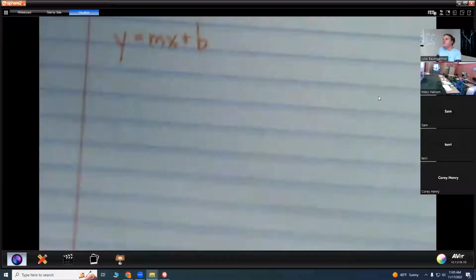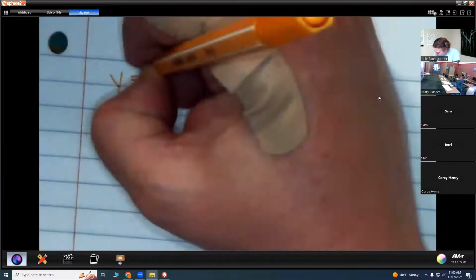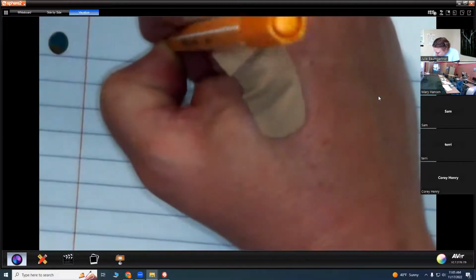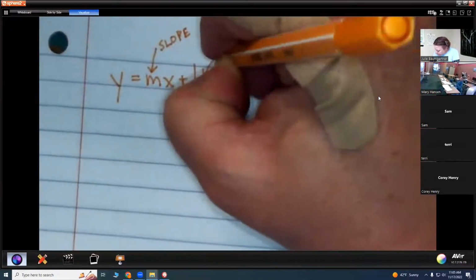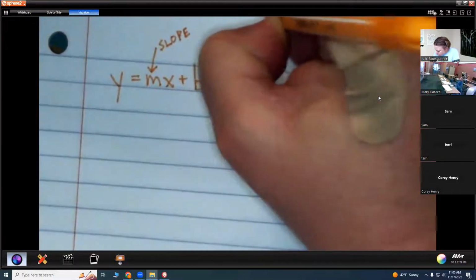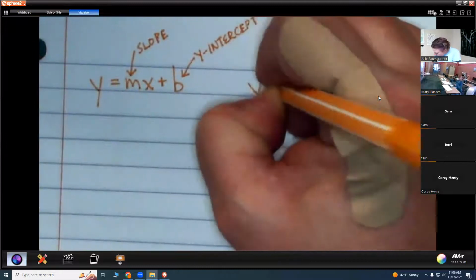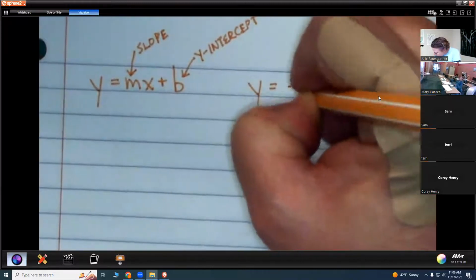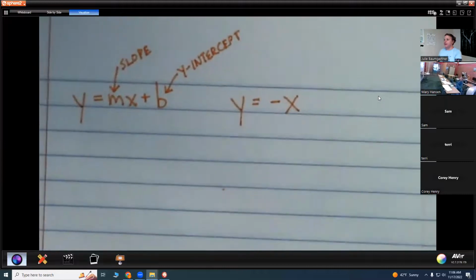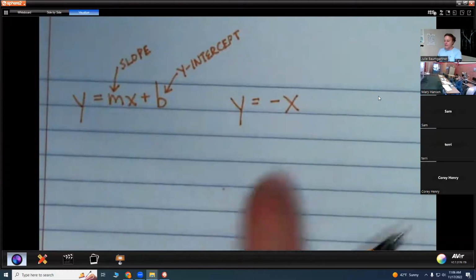All right, so this is our formula, right? And hopefully everyone feels good about the pieces in our formula, so that we're going to substitute a value for the slope, and we're going to substitute a value for the y-intercept. So if we look at our first choice, y equals negative x, technically this equation is in this form.